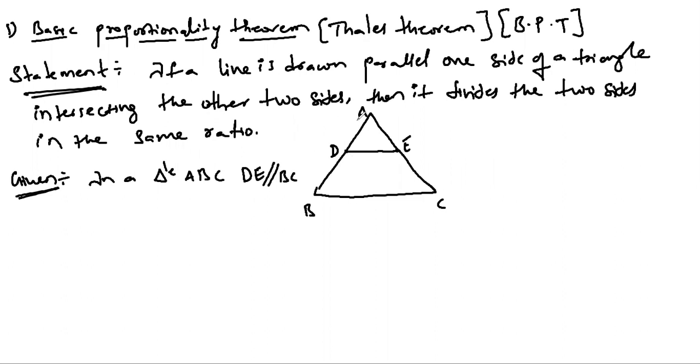And intersecting at 2 points, D on AB and E on AC. Next, to prove. What is it asking us to prove? It divides the two sides in the same ratio, means this by this is equal to this by this. That means AD divided by DB is equal to AE divided by EC. So this is to prove.